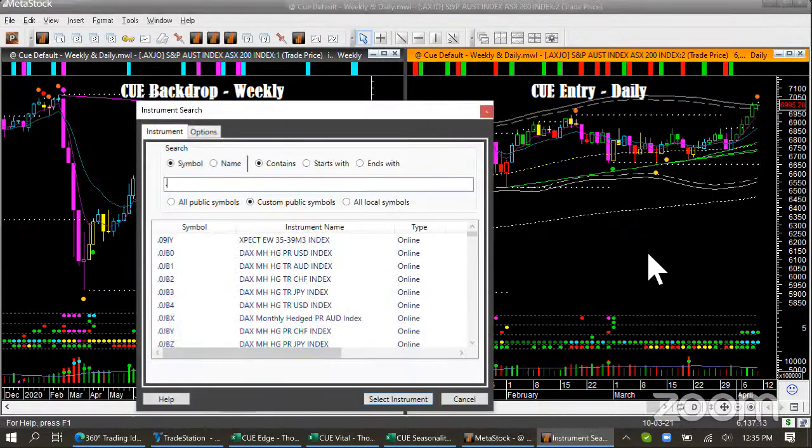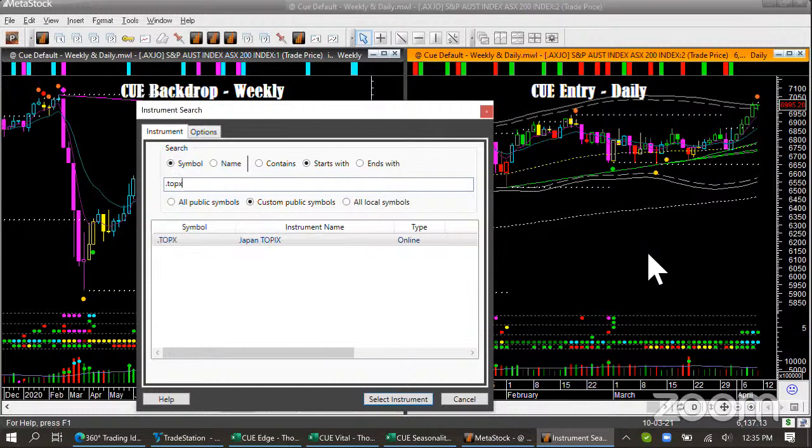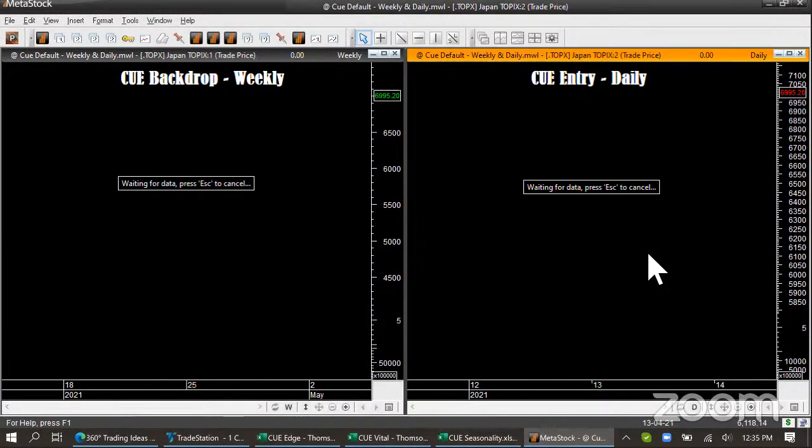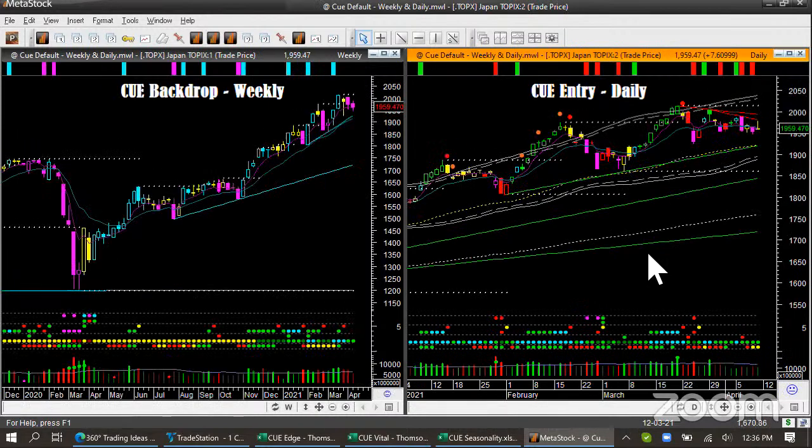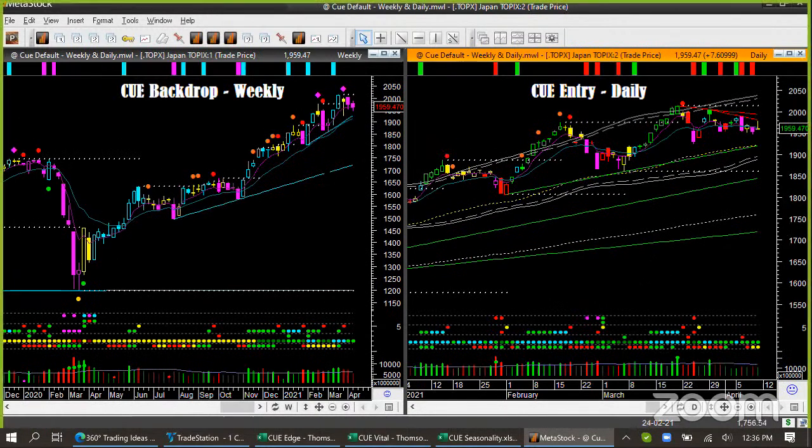Let's look at the Japanese index, Topix. This is now moving inside a triangle pattern in the weekly chart, between a resistance trend line and a support trend line. The direction is not clear and Q traders will avoid taking any directional trade.